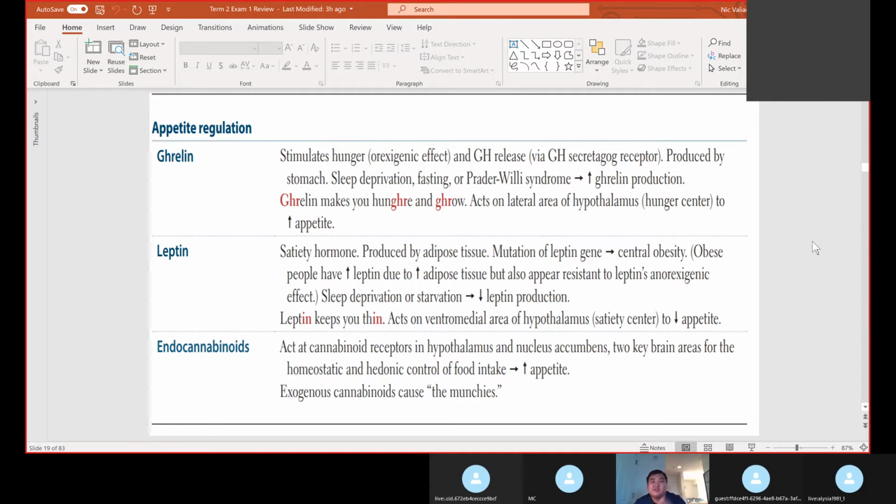How about Angelman syndrome? Prader-Willi, basically they're obese kids. Why are they obese? Because you have increased ghrelin production, and ghrelin makes you hungry and grow. Third module, you're going to learn that it acts on the lateral center of the hypothalamus, which is the hunger center in the brain. How about Angelman syndrome? The same chromosome, 15. What's the clinical presentation?